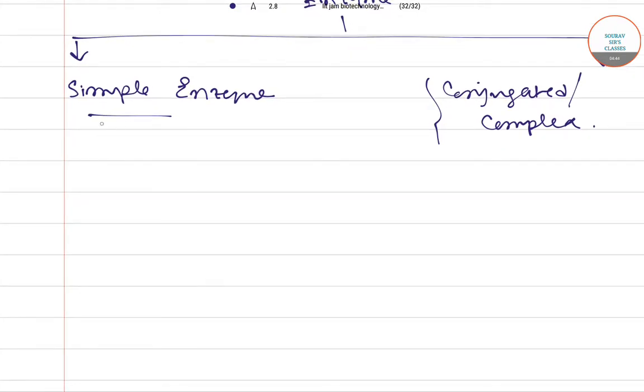The simple enzyme is made up of only amino acid, not other chemical residue. Amino acid is the only portion that the simple enzymes have in them.